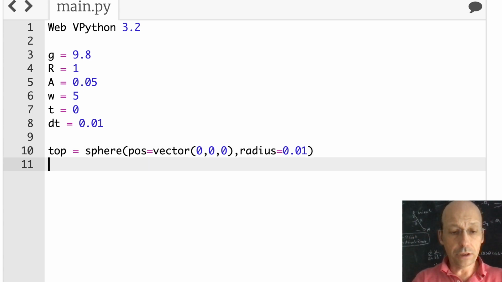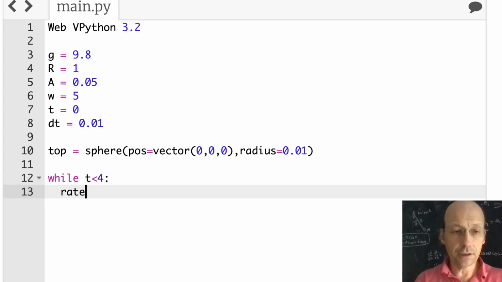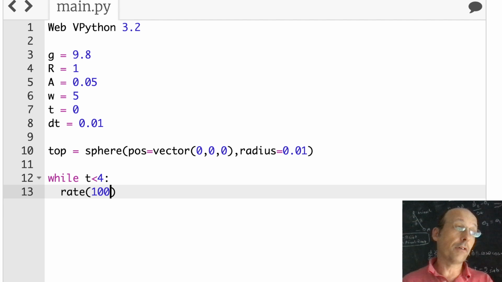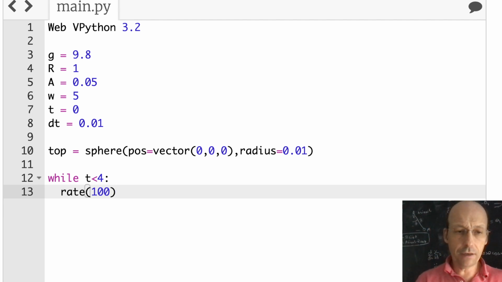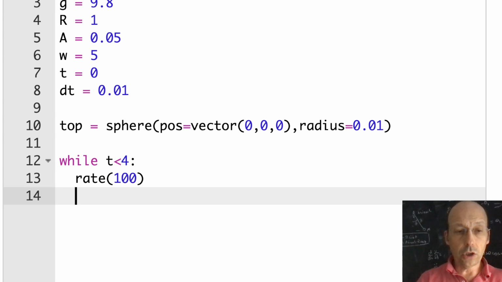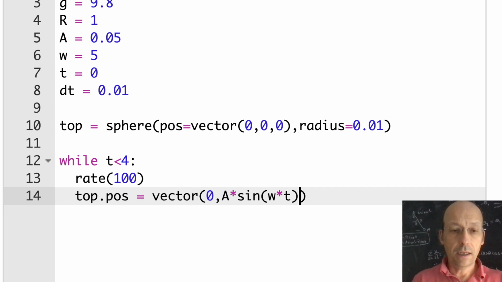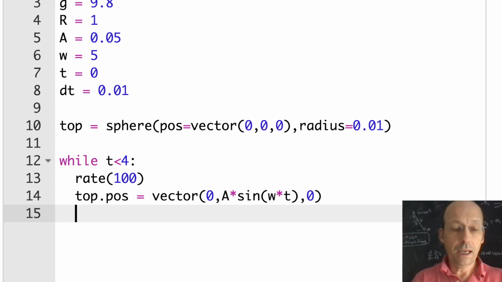I want it to oscillate up and down. So I would just say while t is less than 4, for 4 seconds, rate 100, so I'll only do 100 calculations per second. Maybe that's bigger. I like it big. So now let's just move it, right? Top.pos equals vector 0, a times sine of omega times t, 0, and then I'm going to update time.